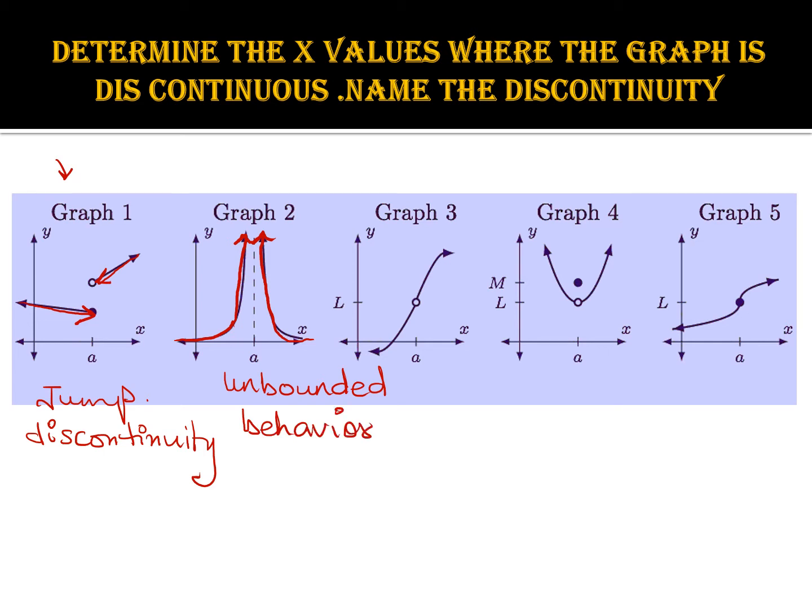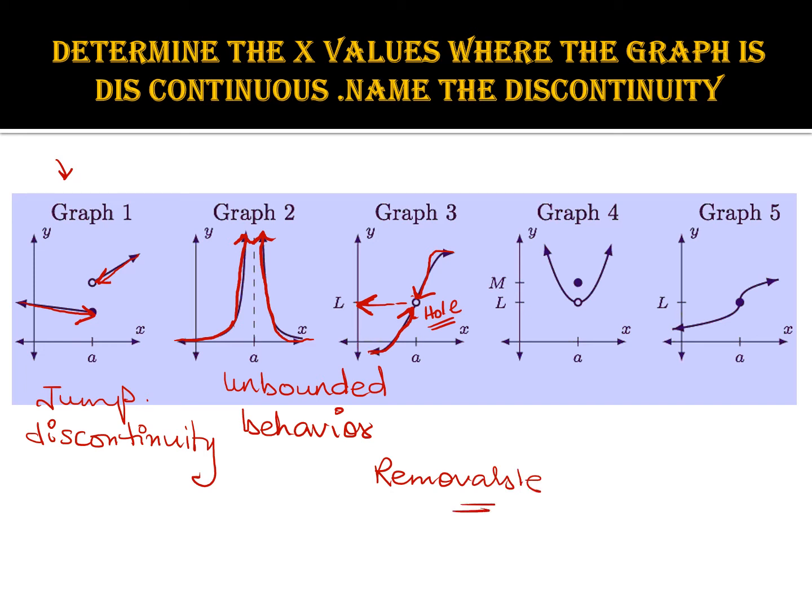Now in graph number 3, you can see that the line coming towards A from the left side and the line coming from the right side are approaching the same height, but there is a hole in between them. So in the case of a hole with connected lines, the name of the discontinuity is removable discontinuity.